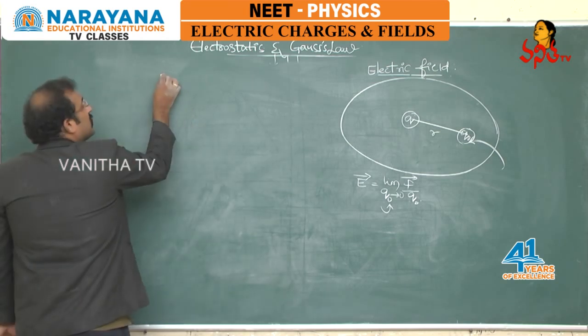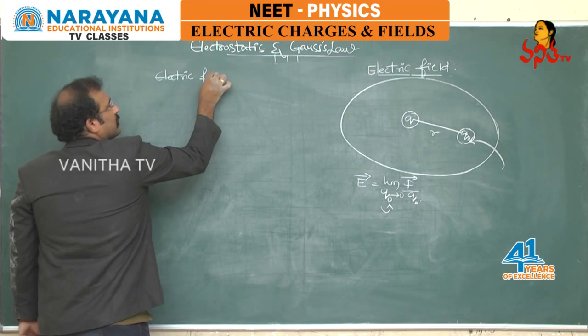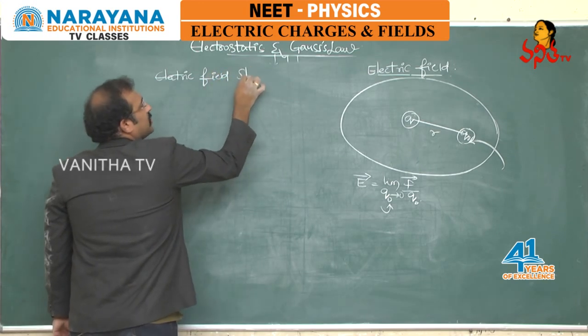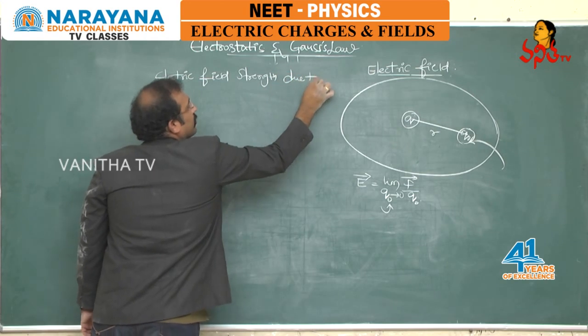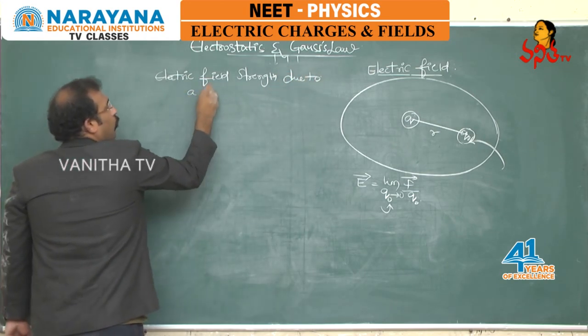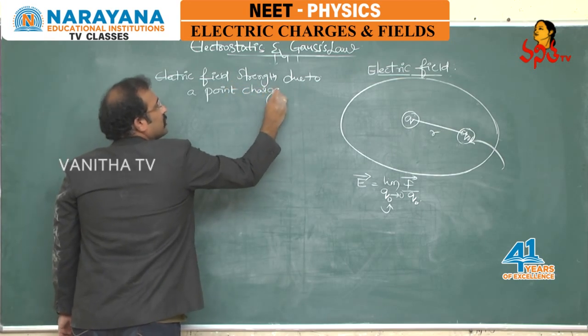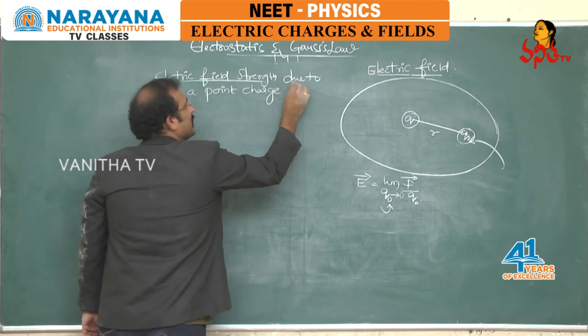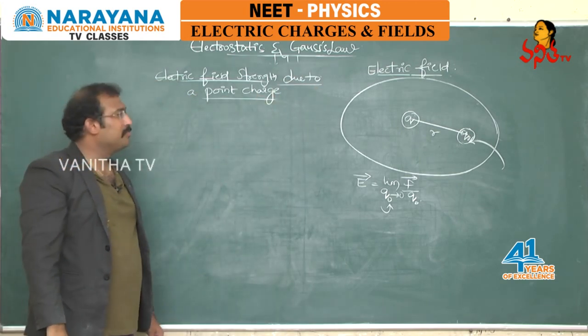Now, electric field strength due to a point charge. You can also say electric field due to a source charge that produces a field.